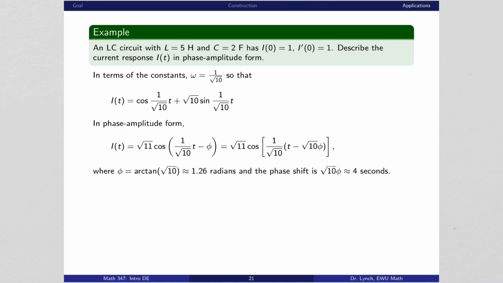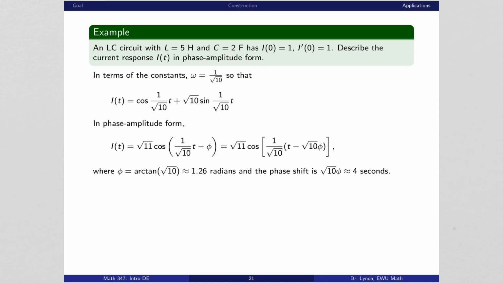So we know how to change this into phase-amplitude form with a cosine of t over root 10 minus that phase phi, which we can identify to be the arctan of 10, and it turns out that when phi is arctan of 10, the phase shift is about 4 seconds.